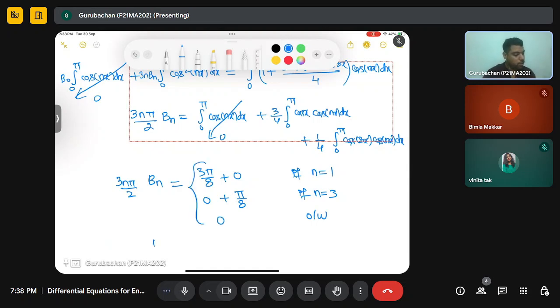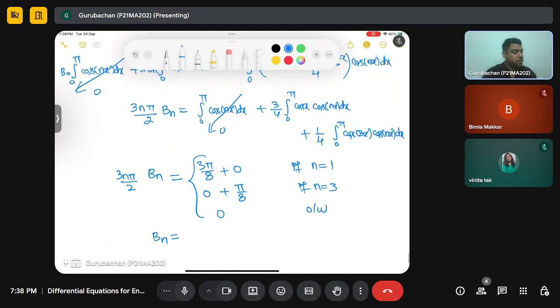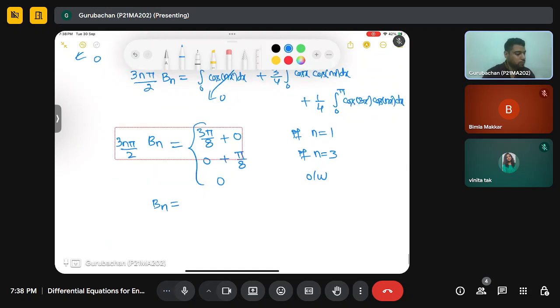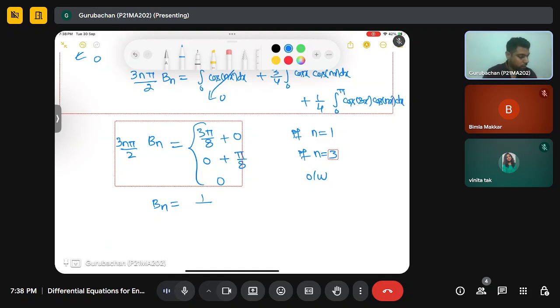So from here you can conclude that this is nothing but 2, that is 1 by, if you just include it, 1 by 4.